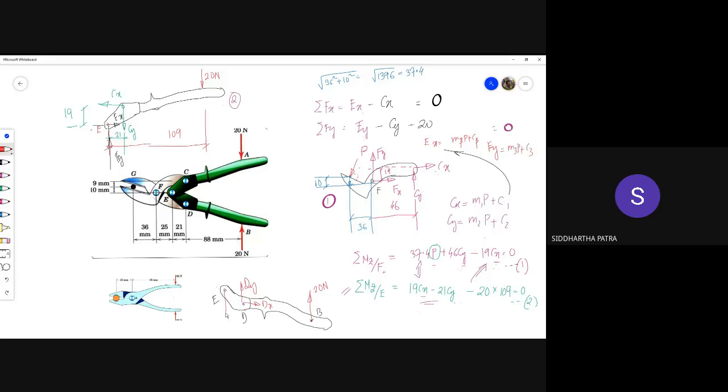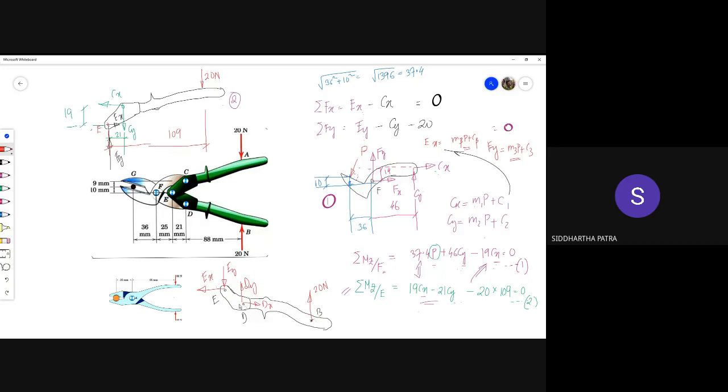So now you have at E this Ey and this Ex, whose expressions are given in terms of P. So at E the only unknown is P, at D there are two unknowns, and then there is B.